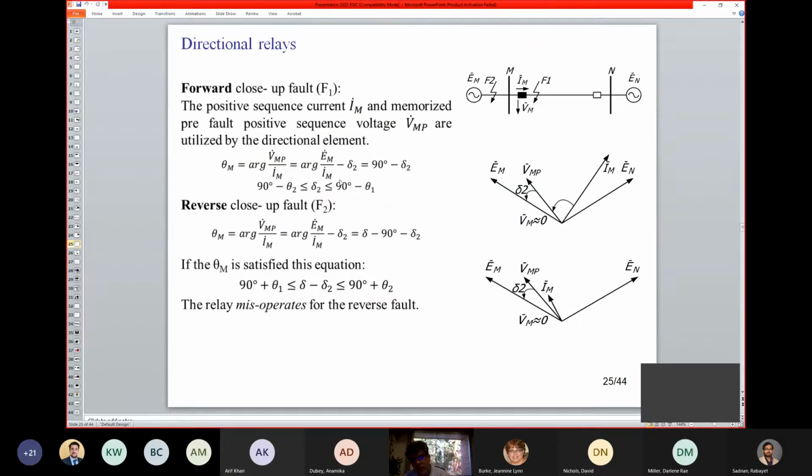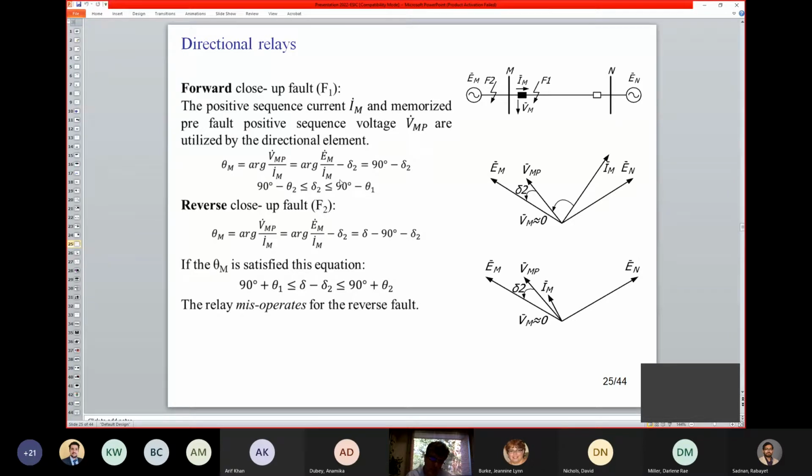Another one is the directional relays. There are many mathematical proofs of that. If the angle difference between two ends of the line is more than a certain level, a front fault may be detected as a backward fault. That has been observed in the ERCOT system, so this is a realistic type of problem.